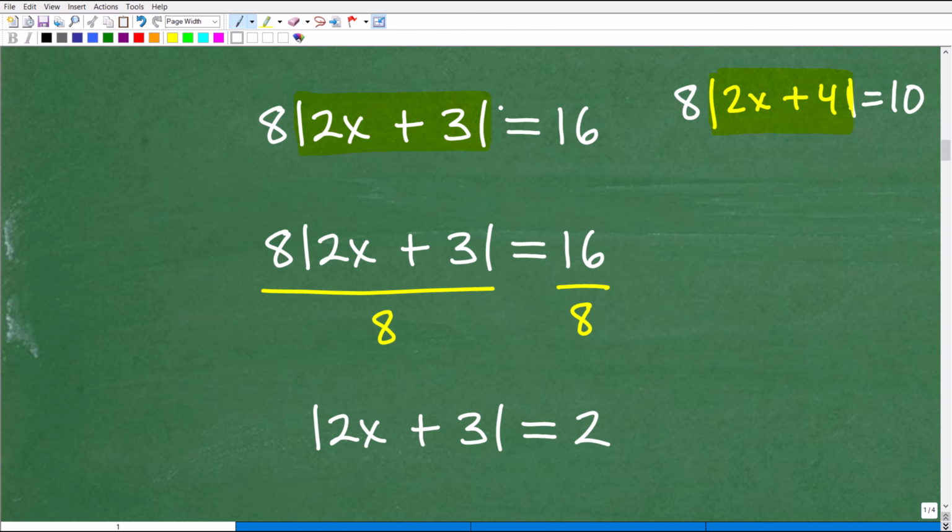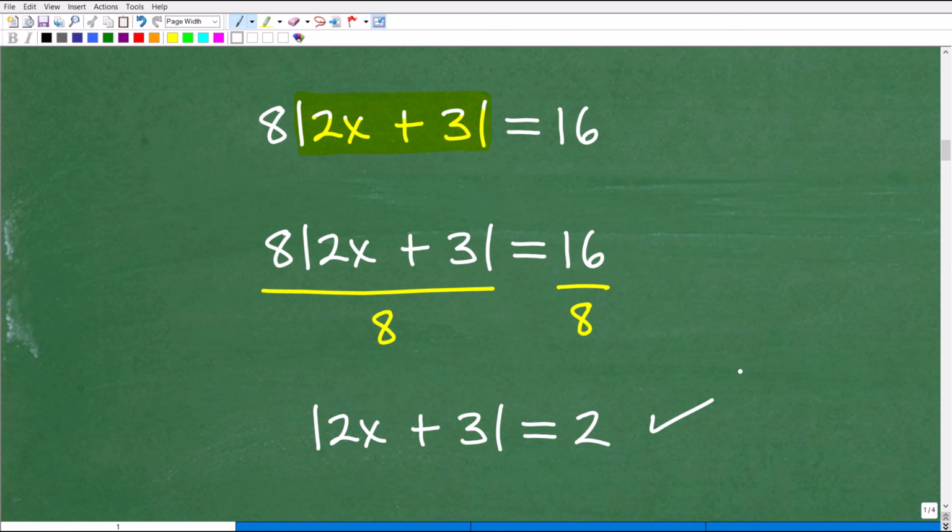All right, so let's solve for it, or in other words, isolate that. So what I want to do is divide both sides of the equation by 8. Again, this would be like 8x is equal to 16, and this part of the equation is this part right there. Let me go and erase this. All right, so we're going to go ahead and divide both sides of the equation by 8, and you can see here I end up with the absolute value of 2x plus 3 is equal to 2.